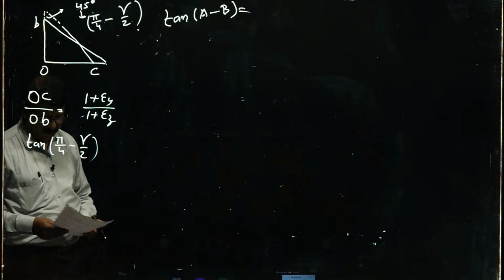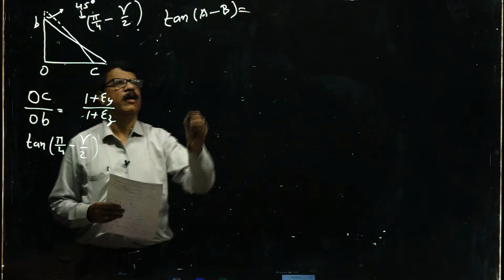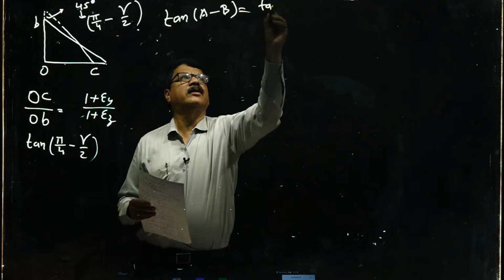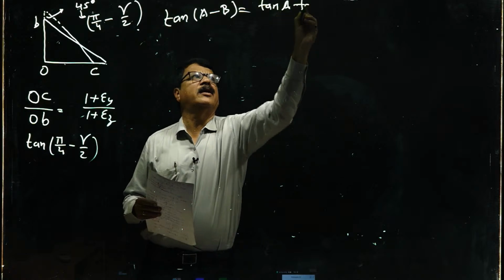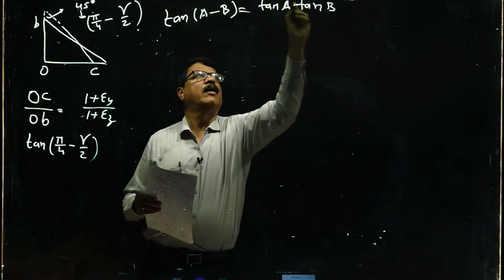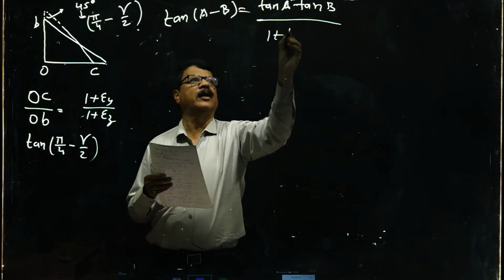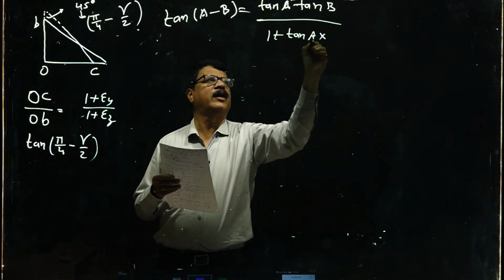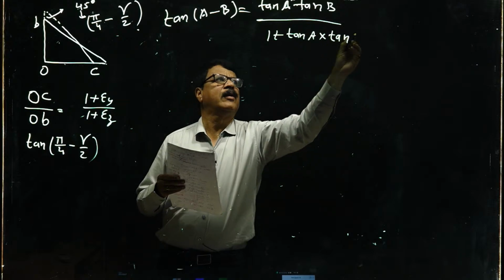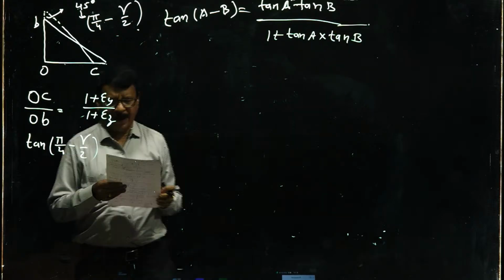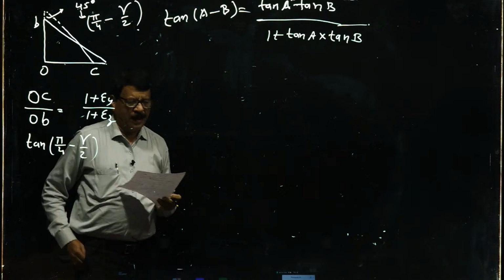Anybody? It is tan A minus tan B divided by 1 plus tan A into tan B. Yes, very good. This is the formula, so we'll apply this formula.